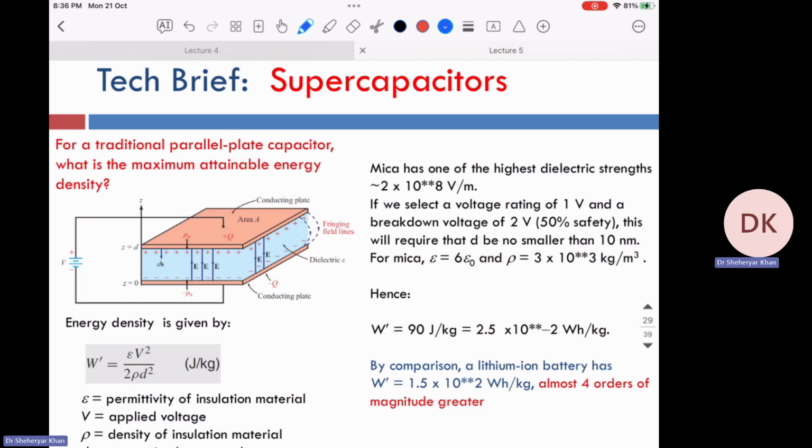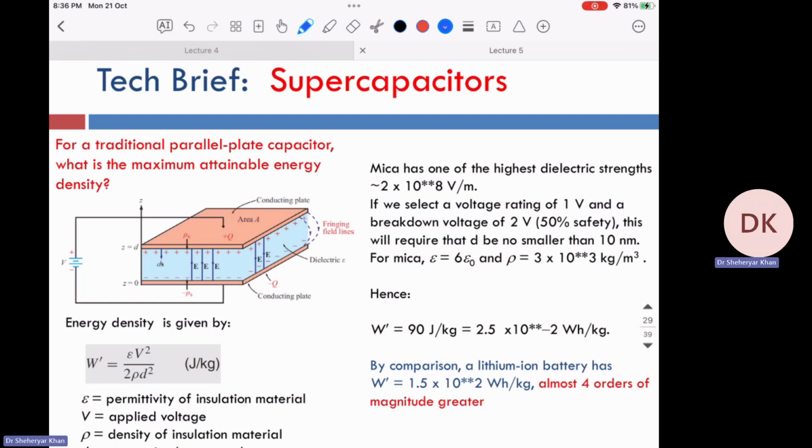When you charge, you push the positive ions towards one end and the negative towards the other end. Then when you connect the load, the same amount of energy is released through that electrolytic process. But the energy density is given by epsilon V squared over 2 rho d squared, which involves the permittivity, applied voltage, and density of the insulating material.